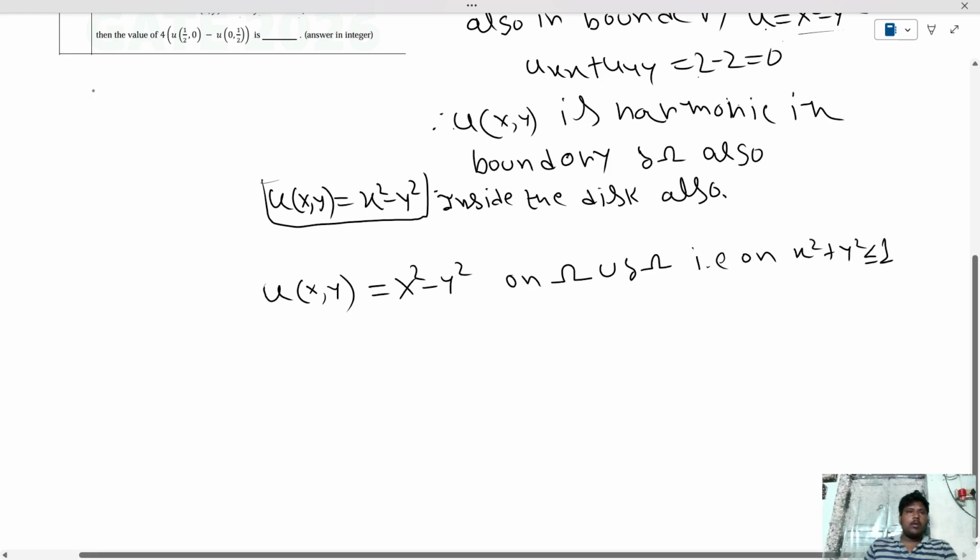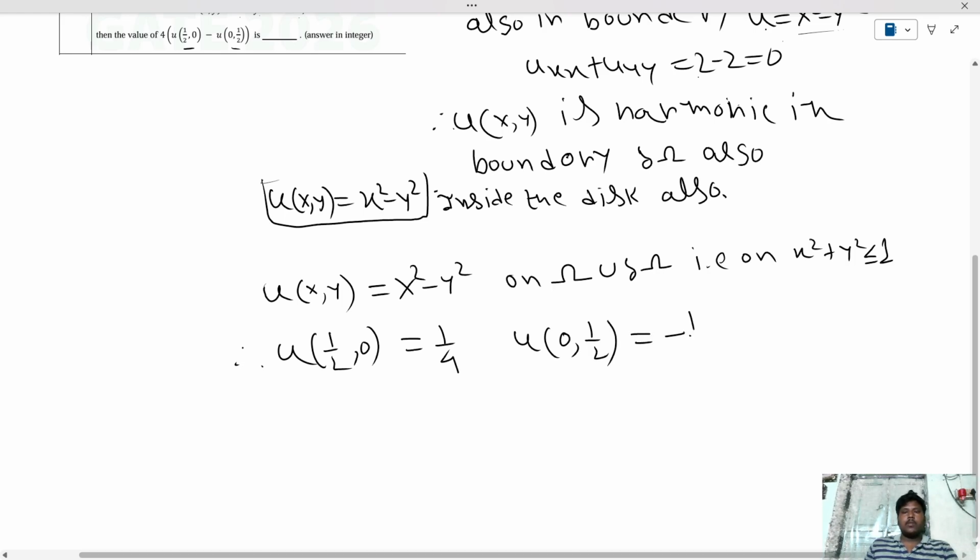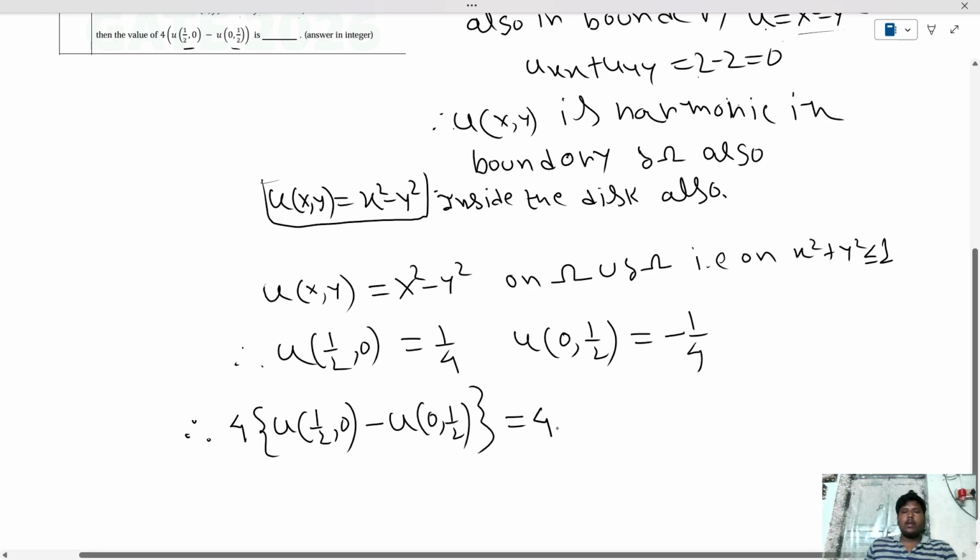So now we can put these values here. Therefore u(1/2, 0) will be 1/4, and u(0, 1/2) will be minus 1/4. Therefore for u(1/2, 0) minus u(0, 1/2), the value will be 4 into 1/4 minus of minus 1/4.